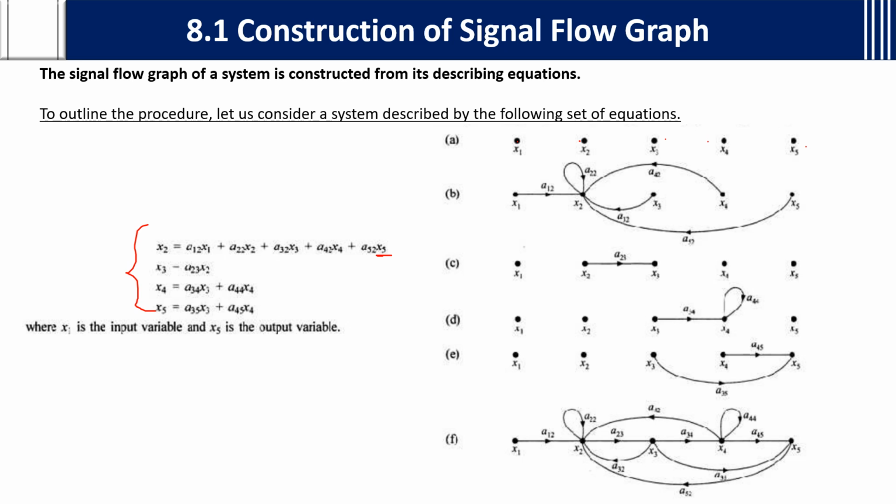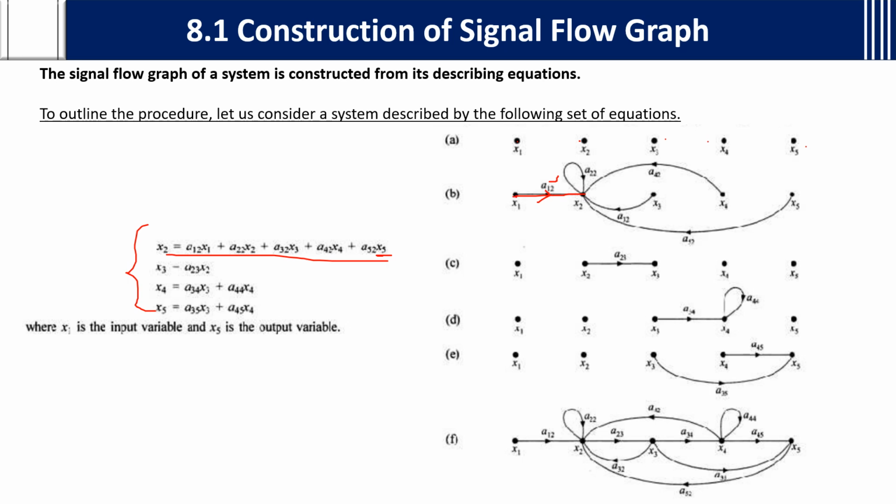Then what have they given us? First we will write this first equation. a12 x1, where a12 is the gain. So we will draw a line and mark a forward path with gain a12 at the x1 point. At the x2 point what is there?